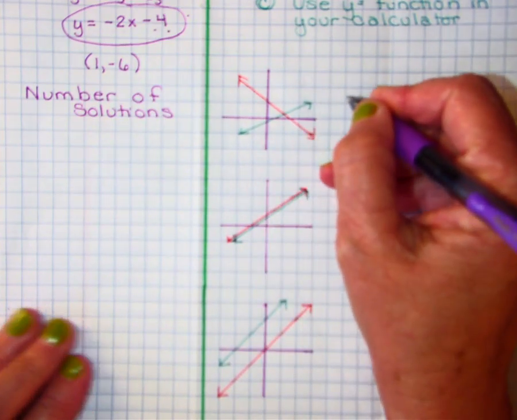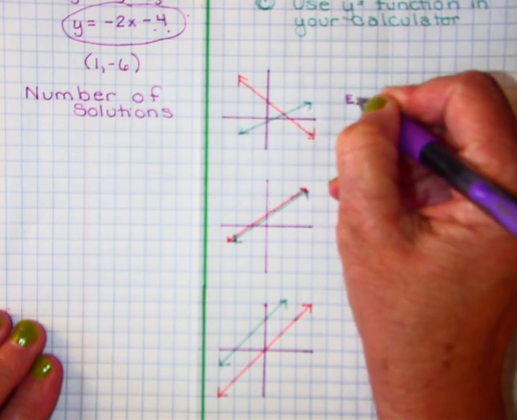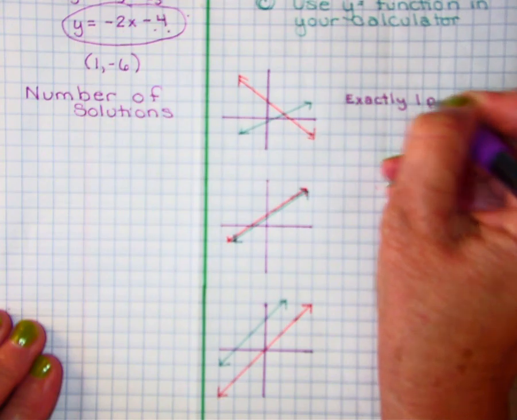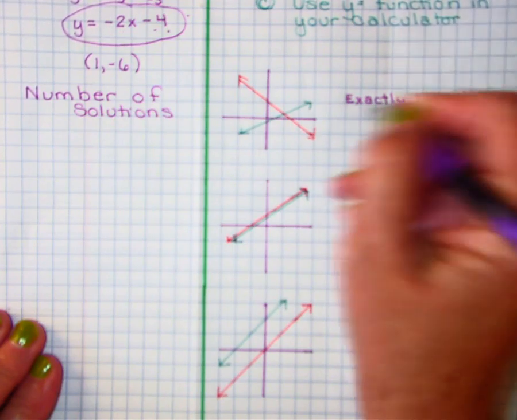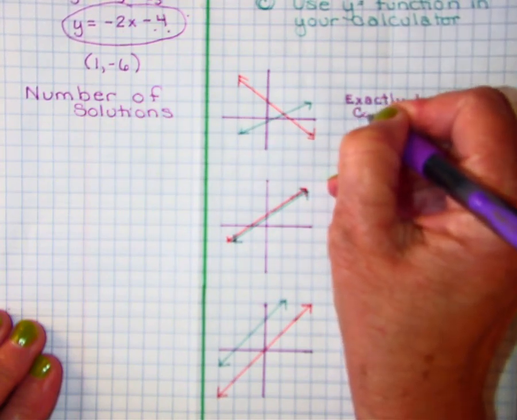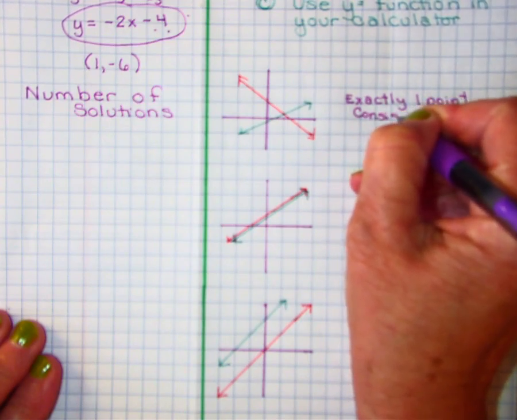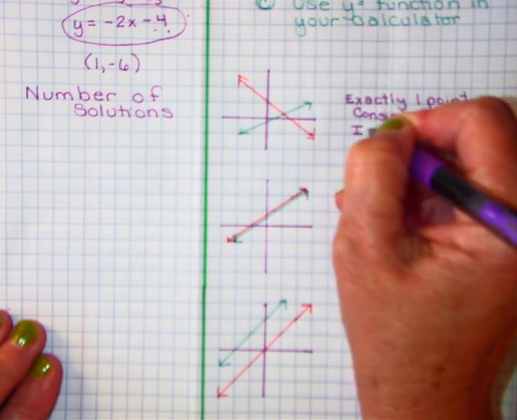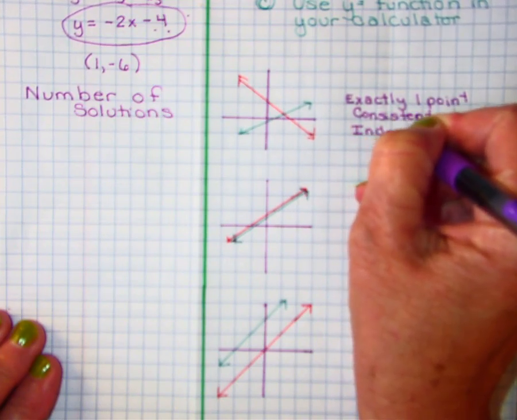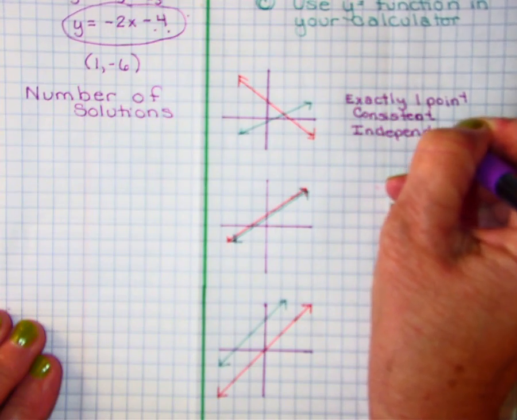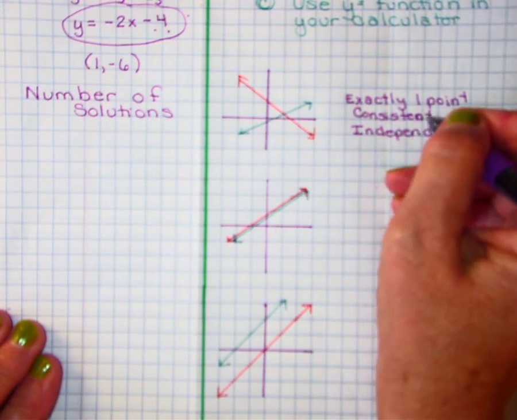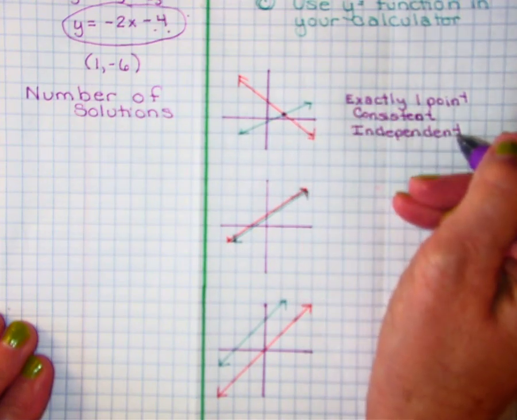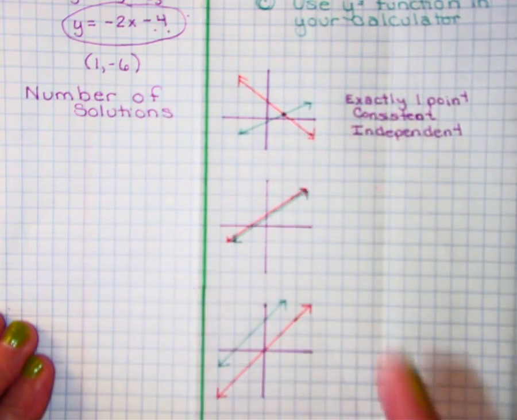Either you're going to get exactly 1 point, and this is called a consistent independent solution. It's consistent because we will get a solution, and independent because we'll get just one solution.